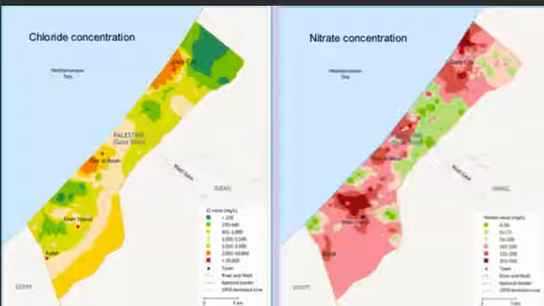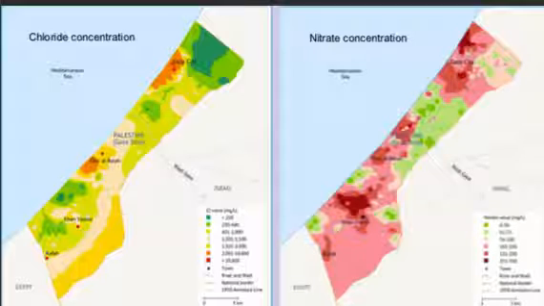And when you combine both the chloride concentrations and nitrate concentrations, when trying to figure out how much water might be safe for consumption in the Gaza Strip, it's less than 4%. I think it's closer, approximated at 3.8% of the water there is safe for human consumption.